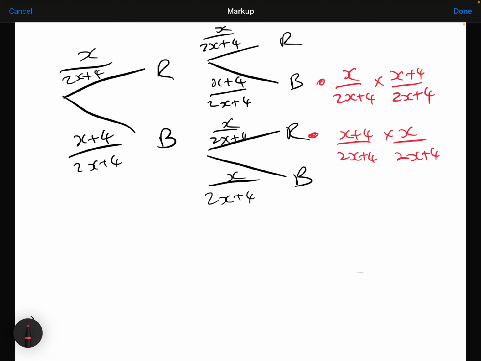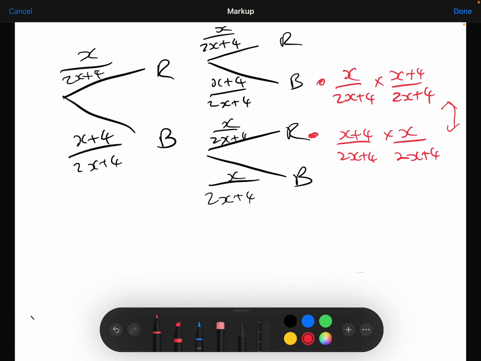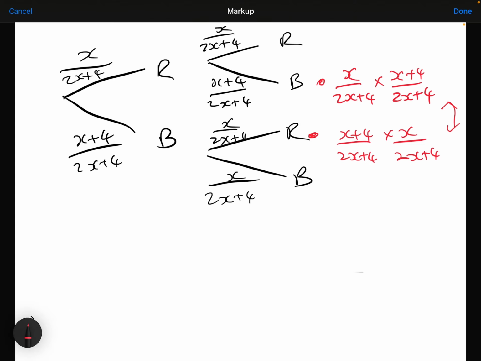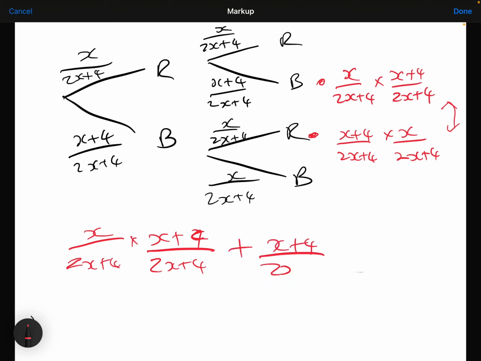Now, hopefully you can see here that actually these two fractions are the same thing, just written the other way around. And obviously when we're multiplying, it doesn't matter which way around we multiply. So I can add these two things together, or I could write it out the long way, X plus 4 over... so I could write it all like that.